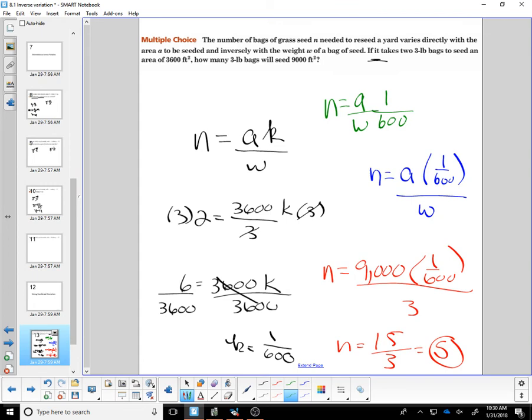But do you see how I still have the 1 on top and the 600 on the bottom now? That's why I did it this way. It makes more sense to people for some reason. Personally, I think it's kind of grody, but if it helps you, there's nothing wrong with that. I actually think this is a higher order thinking skill than the one up there. But that's my opinion, and I am no one. Either way, you'll be fine.